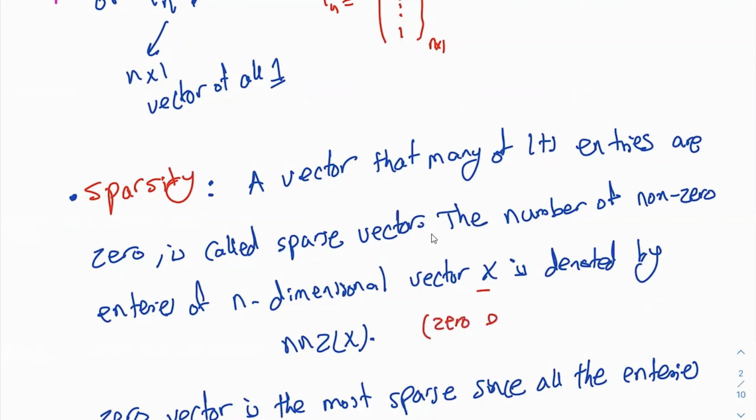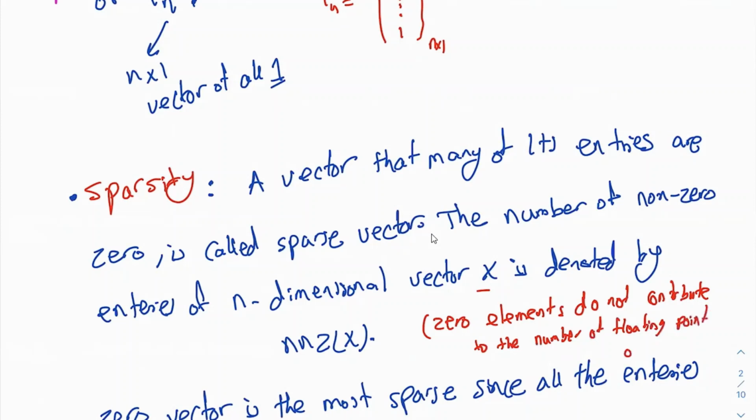Zero elements do not contribute to the number of floating point operations. So we work with NNZ, number of non-zero elements.